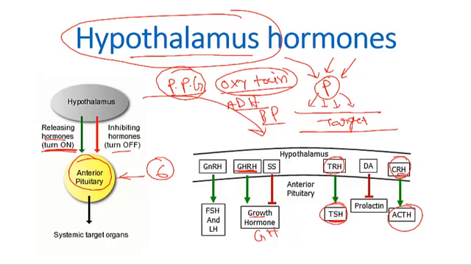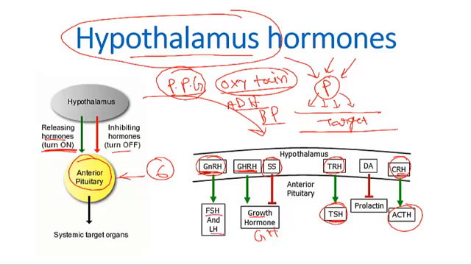Okay. So now if we look at all those releasing hormones we talked about, the thyrotropin releasing hormone, TRH, helps the release of TSH from the pituitary. The growth hormone releasing hormone is responsible for the release of GH from the pituitary. Somatostatin is required for inhibiting the secretion of growth hormone by the pituitary. Gonadotropin releasing hormone, GnRH, regulates and influences the pituitary to produce FSH and LH.